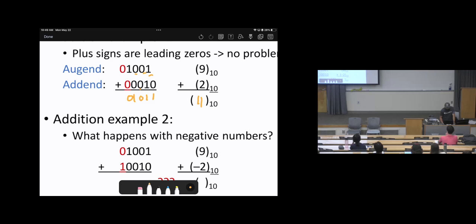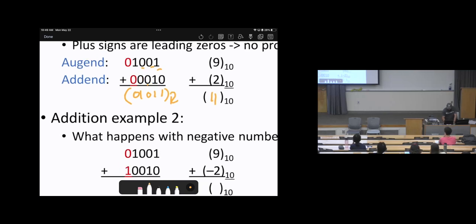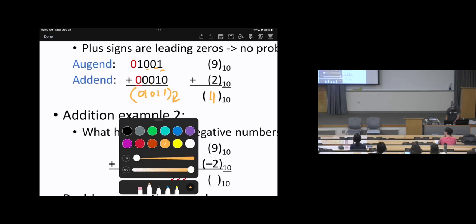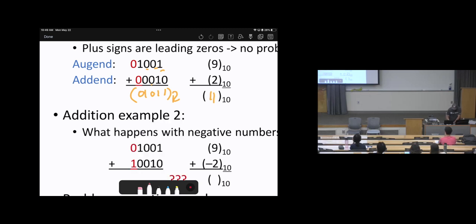So how can we convert this to make sure our answer is correct? This is in binary. We can convert this to decimal, by numbering the positions 0, 1, 2, 3, 4.